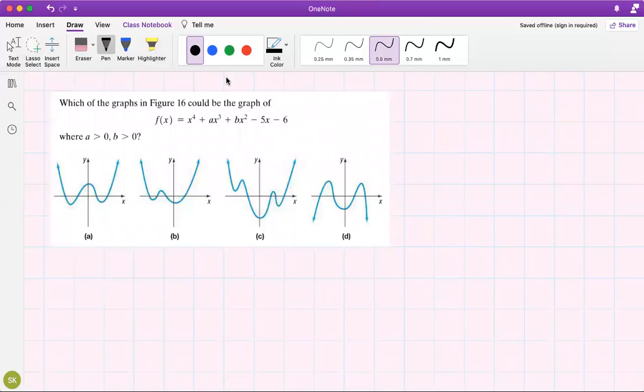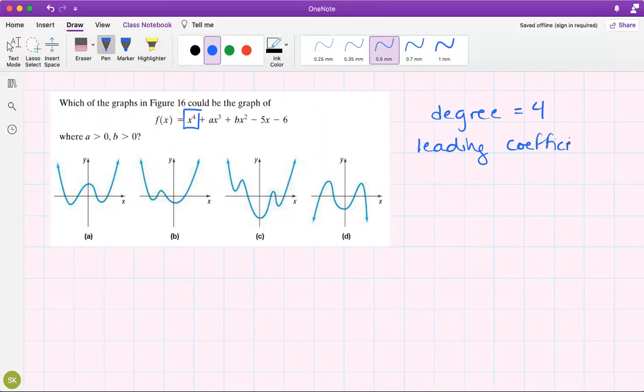Okay, start off. This function, its degree is 4. And the leading coefficient is 1. Remember, the leading coefficient is the number in front of the x to the 4th. That's 1. And 1 is greater than 0, which tells me we have a positive number.